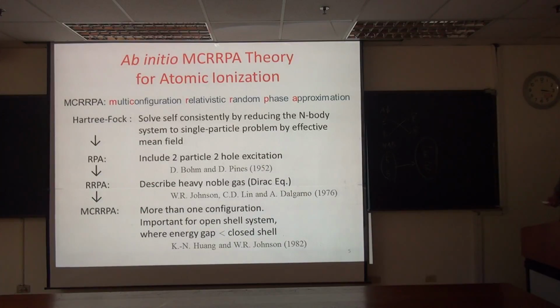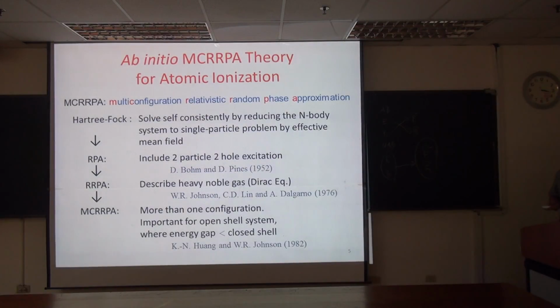Then there is the relativistic form of RPA, which is much more important when the atomic number is higher. Then the final one is MCRPA, with more than one configuration. The configuration matters if we have open shell atoms.